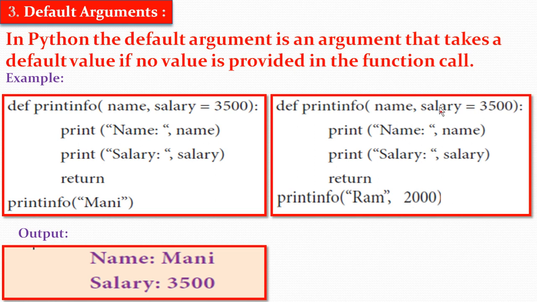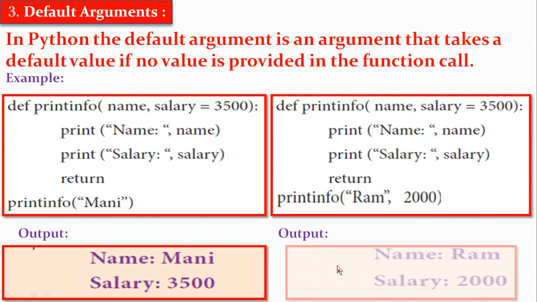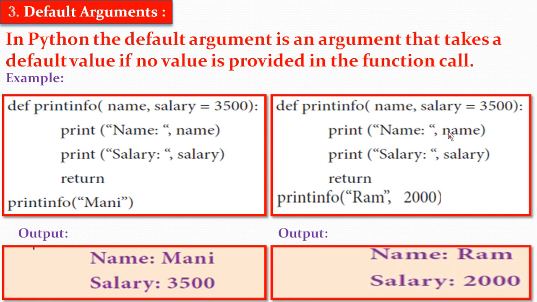So the output is name colon RAM, salary colon 2000, not 3500. If the value is given by the user in the call statement, the interpreter takes the salary value directly from the call statement, that is 2000.